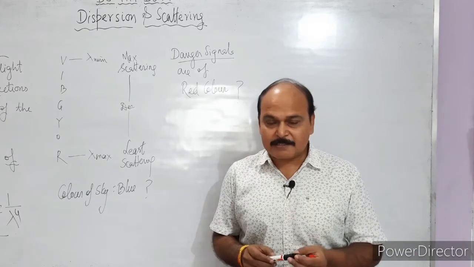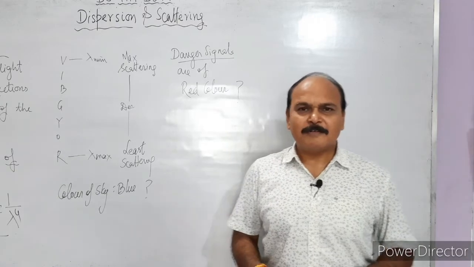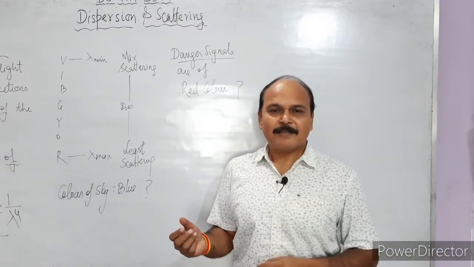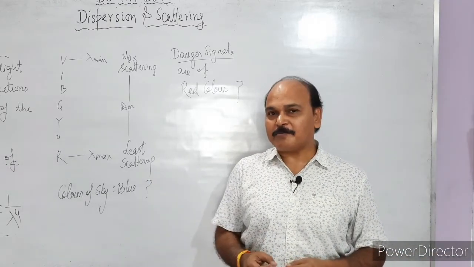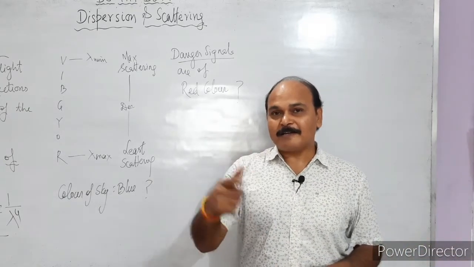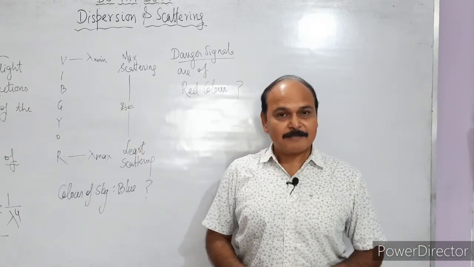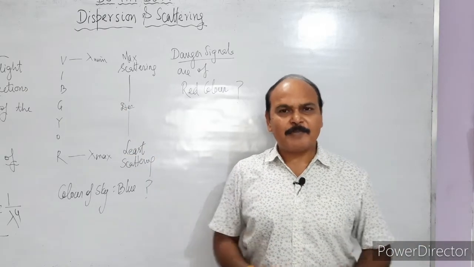Well, children, besides scattering, let us have some general information about various colors. Black color is the color which absorbs all the colors falling upon it. White color is the color which reflects all the colors falling upon it. Why does a red color appear red?